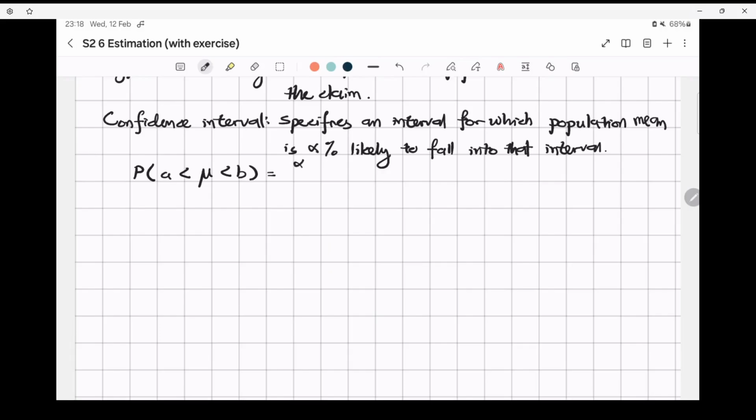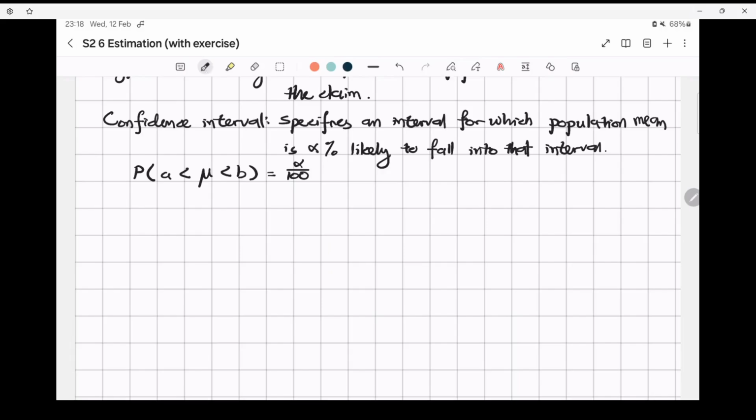Because it is alpha percent, alpha is in percentage, I need to convert it to the decimal version. So that's why I use alpha divided by 100. So based on this particular definition, confidence interval is the interval from A to B, for example, that your population mean, which is mu, will fall into. So this is the definition. So I'm going to show you how you can actually derive this particular equation.